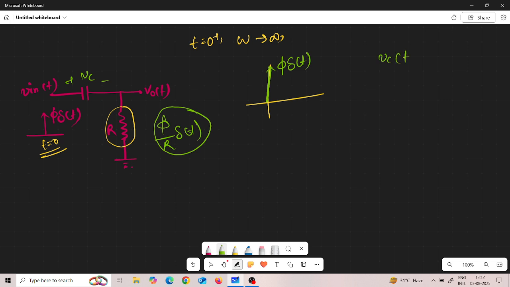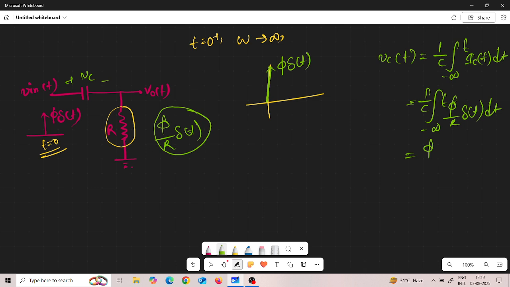What will be the voltage of the capacitor? 1 by C integral from minus infinity to t of IC(t) dt, which is 1 by C integral of Φ by R δ(t) dt. So it will be Φ by RC, so Φ by tau. The capacitor voltage will be Φ by tau, but here the output voltage is in the opposite direction, so it will be minus Φ by tau.